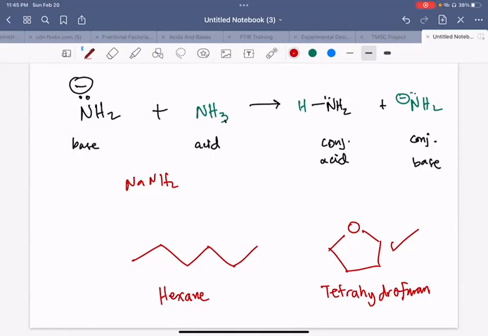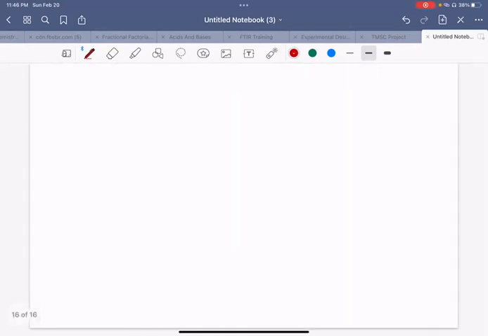That is why THF is always accompanied by BHT, which is a neutralizing agent for peroxides. It quenches the peroxides.